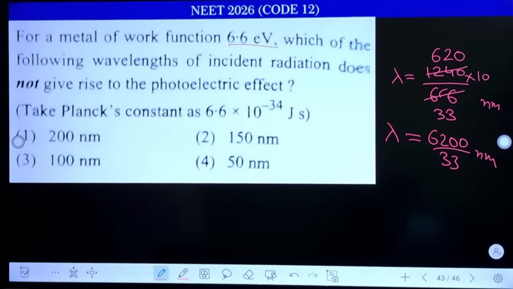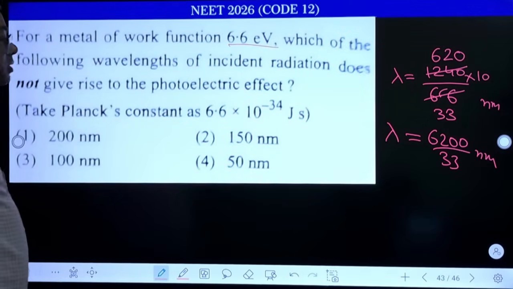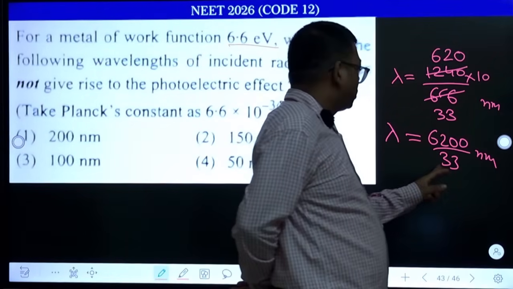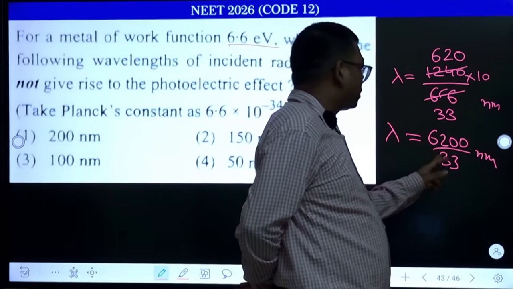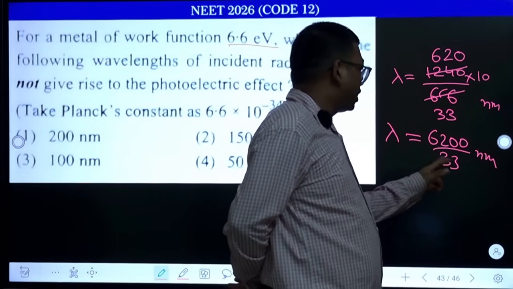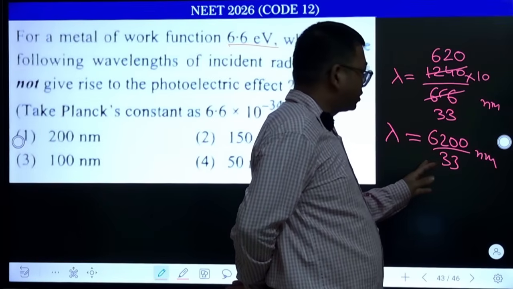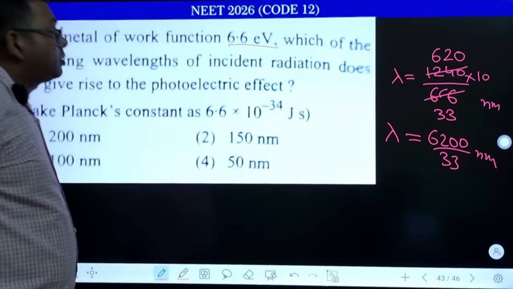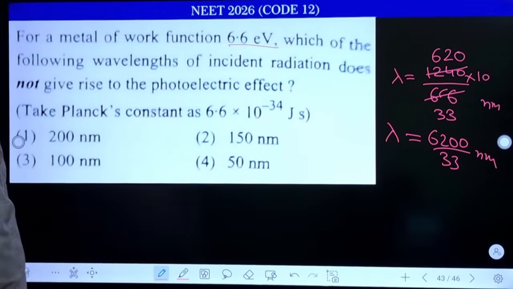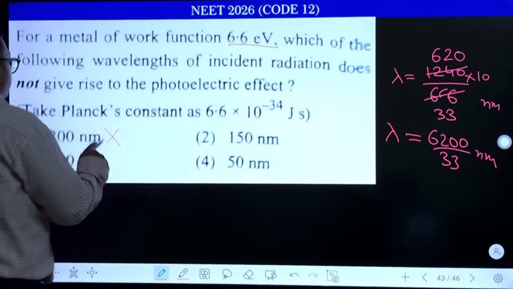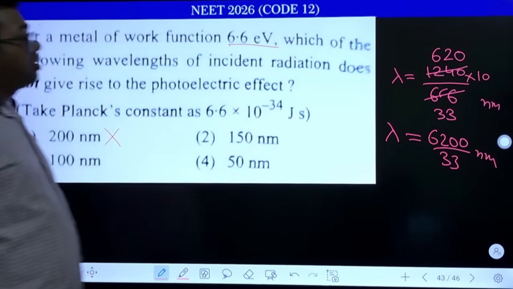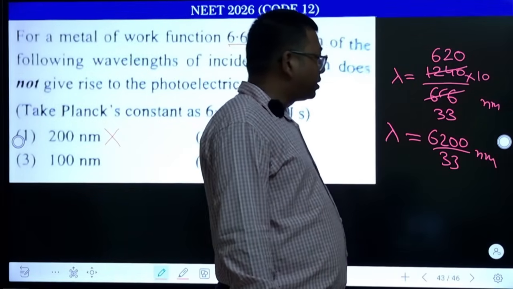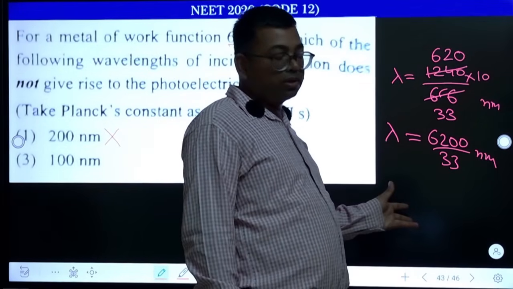If lambda is less than this, then only it is possible. Suppose I consider 2 times of this approximation; if it is 66, then it will become 200 nanometer. So it must definitely be less than 200 nanometer. It cannot be 200 nanometer, because this is not exactly 200.